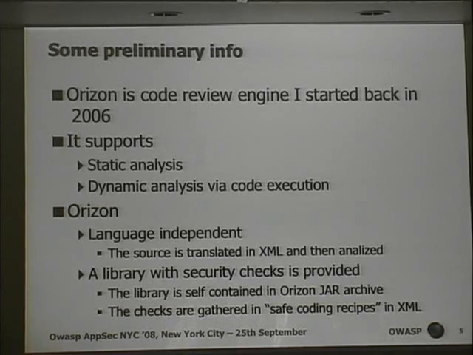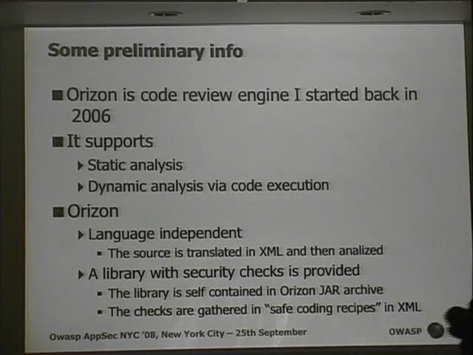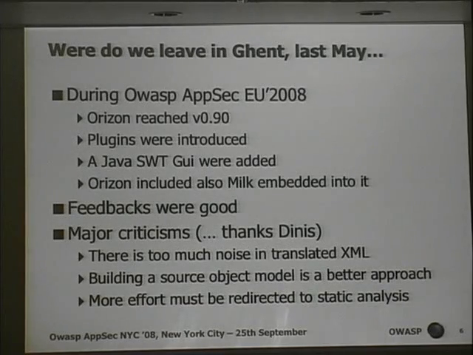I call them recipes because I found that writing safe code is somewhat like cooking. You've got a recipe, you have to follow the steps in the recipe, and then you have your source, most of the time safe. And also because I love food, of course.